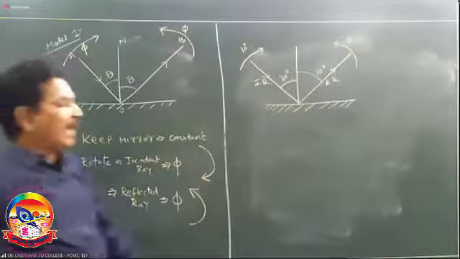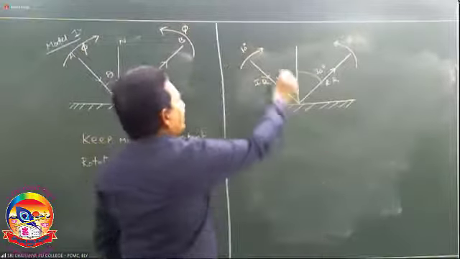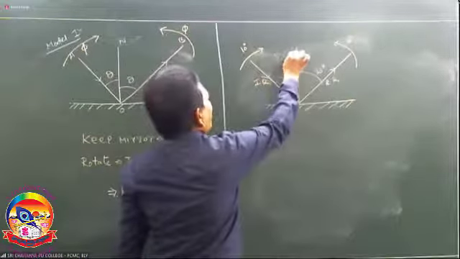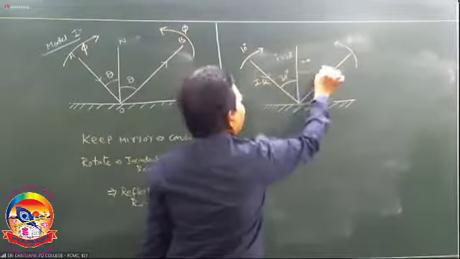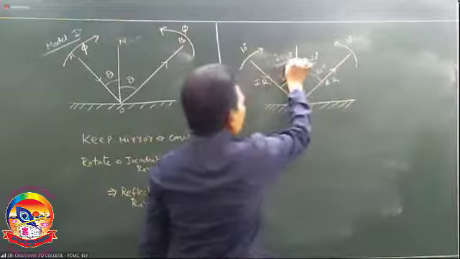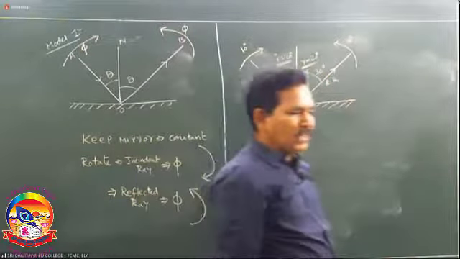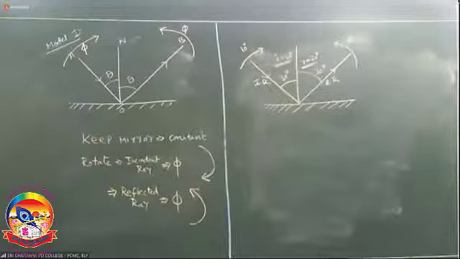Then what happens to the angle of incidence now? 30 minus 10, it becomes 20. What is the angle of reflection? 30 minus 10, that is equal to 20. I is equal to R. The law of reflection is followed.